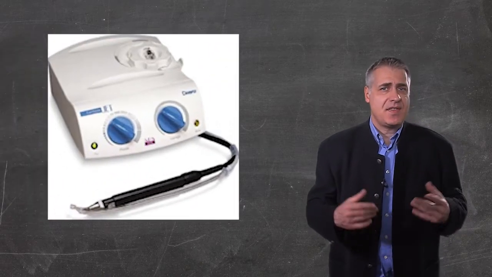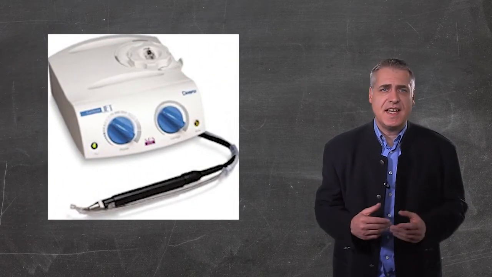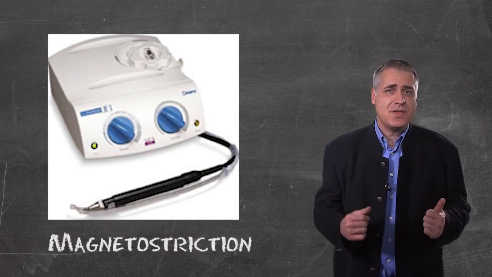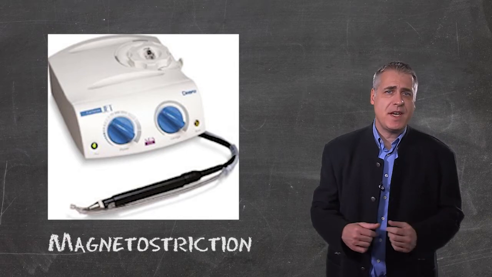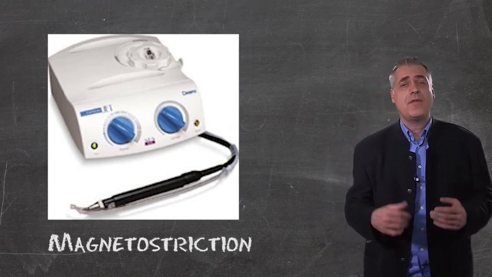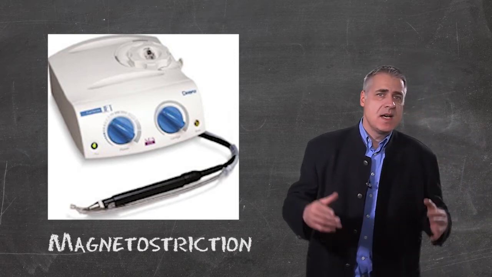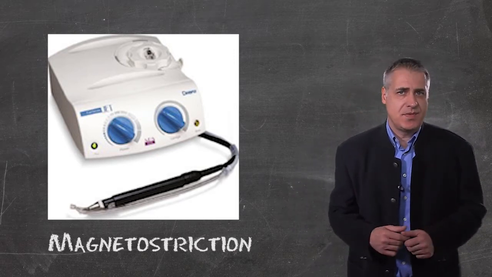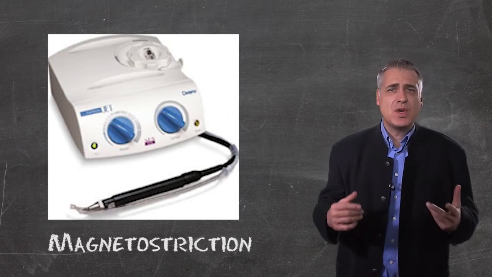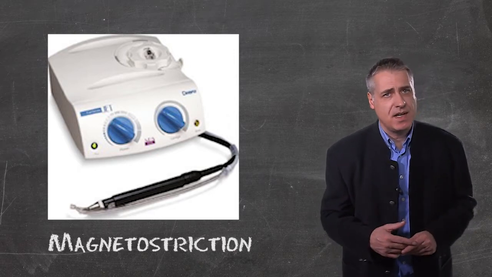Magnetostrictive systems like the Cavitron device convert electromagnetic energy into mechanical energy. Magnetostriction is defined as the deformation of ferromagnetic materials because of magnetization. Thus, magnetostrictive metal strips are subjected to an alternating magnetic field, and this causes vibrations on the file.